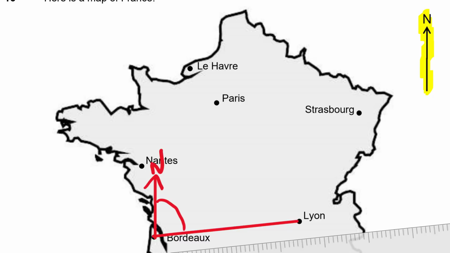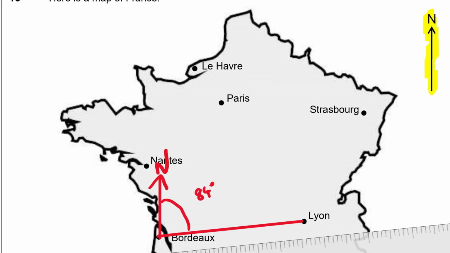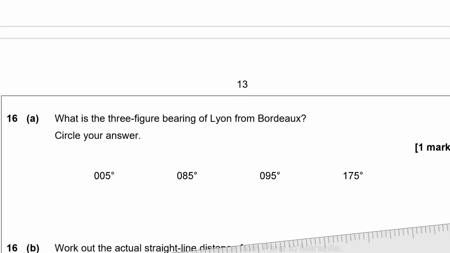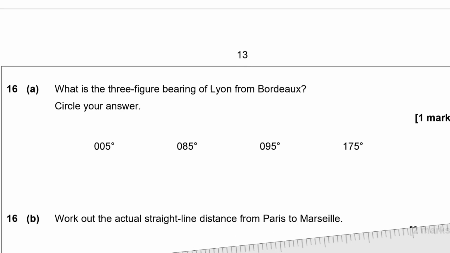But if you plonk your protractor on and measure it, you should find that you get an angle of 84 degrees in there. 84 degrees. And then, to write that down as a bearing, 84 degrees has only got 2 digits. Okay, we haven't got 84. We've got 85 or 95 or 175 or 05. Okay, so I think that perhaps I was just a little bit out of my measurement. I'm going to say it's that one there, 085.